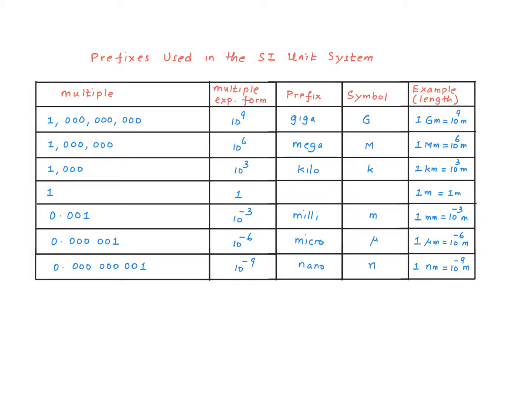So 1 millimeter is 10 to the minus 3 meters, 1 micrometer is 10 to the minus 6 meters, and 1 nanometer is 10 to the minus 9 meters. If you're wondering if there's anything this small, thickness of a clay mineral called montmorillonite is roughly 1 nanometer.